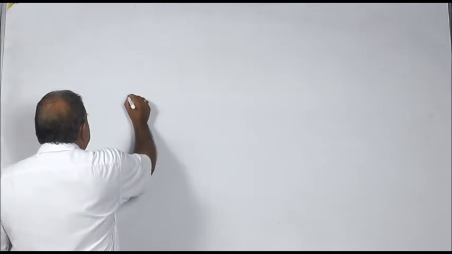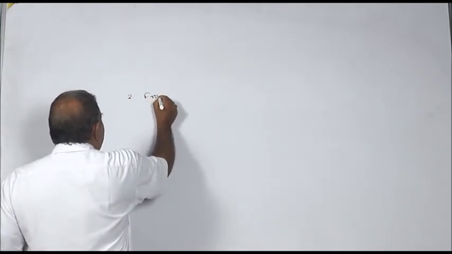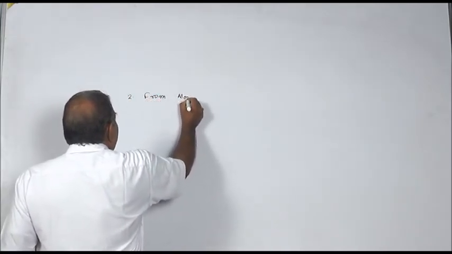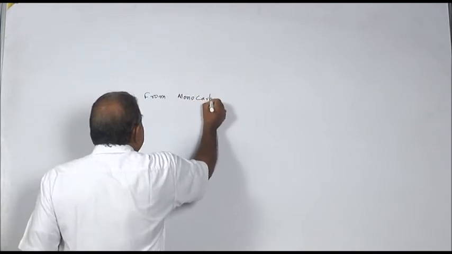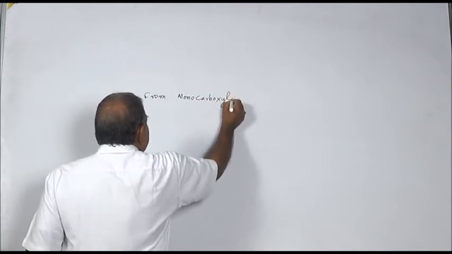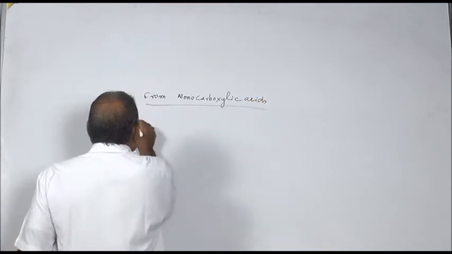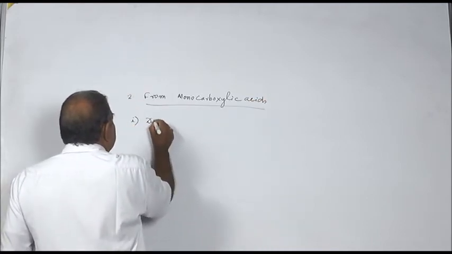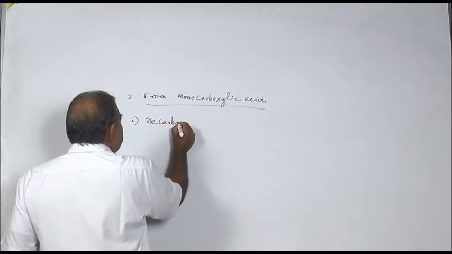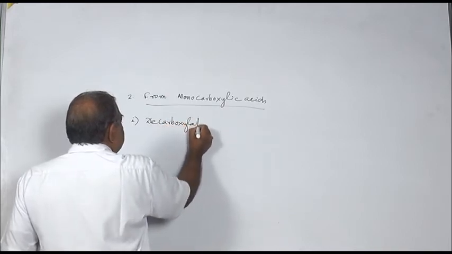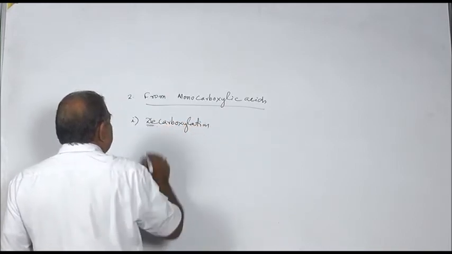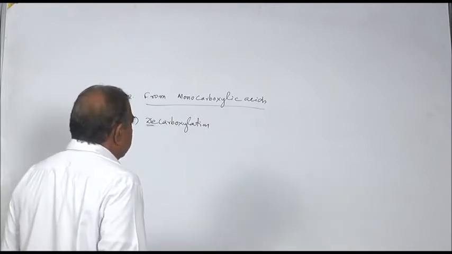The second way is from monocarboxylic acids. There are also two processes. Method 1, decarboxylation. De means removal. Carboxyl group will be removed.